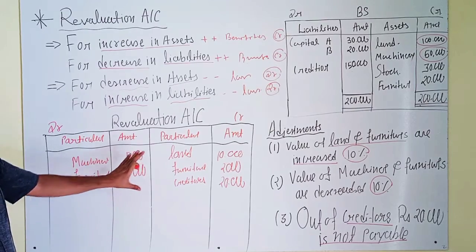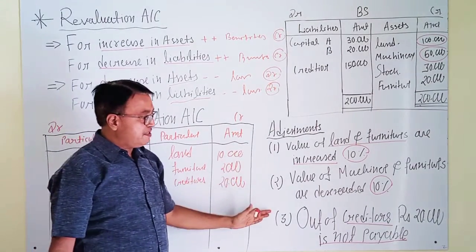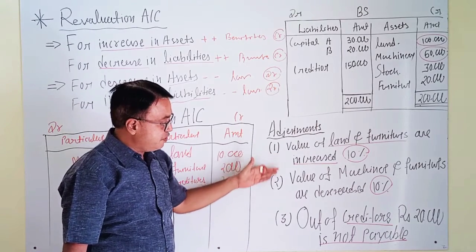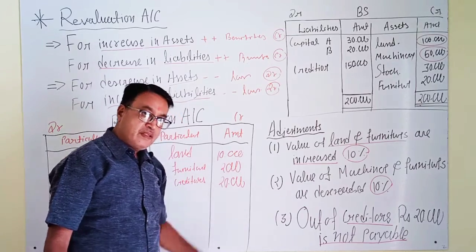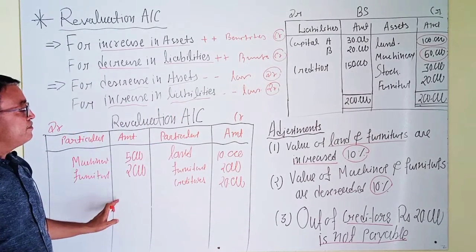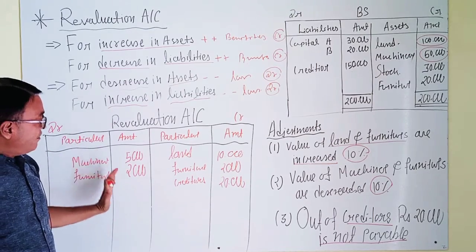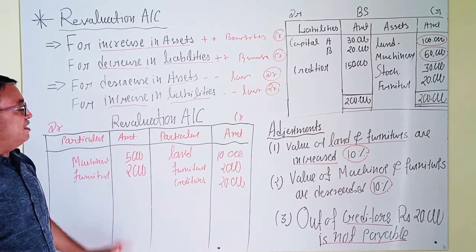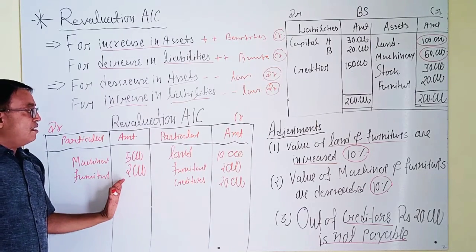Here 5 effects are given in 3 adjustments. In the first 2 adjustments a percentage is given, and here a direct amount is given. Then effects are given, and the revaluation account is prepared.